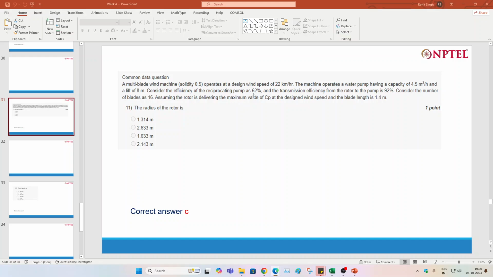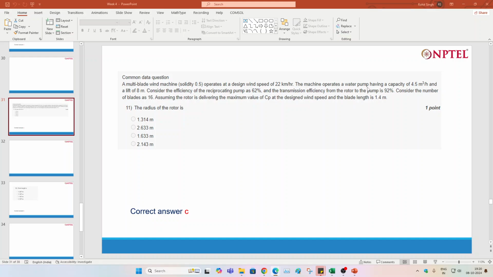So the answer can vary because the data will be different in this case. So, this is a simple question. You just have to apply the solidity that is given, 0.5. So if solidity is given and wind speed is given, you just have to apply the formulas to get the answer.